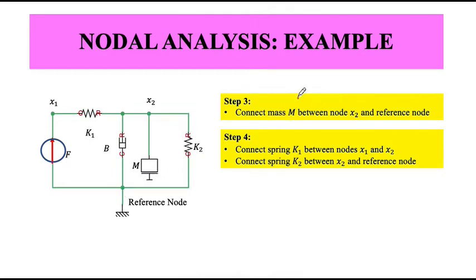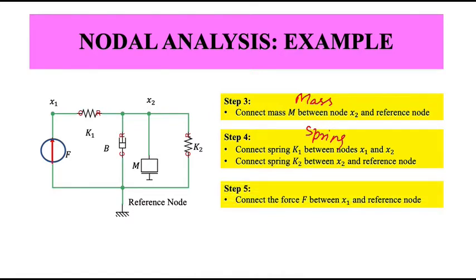Here we were connecting mass, here we are connecting our spring elements, and in the fifth step we were connecting our force. So once I make these connections as stated in the previous picture, I have something like a circuit diagram, right?